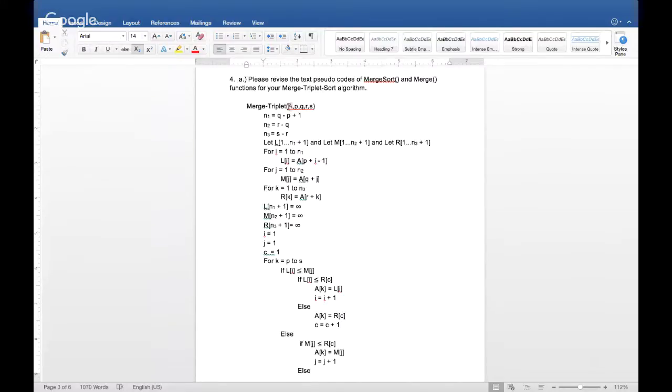A is just the array to be sorted. In the original merge you have P, Q, and R. P is the starting index. Q is calculated in the merge sort and passed into the merge function, but usually it divides the array in half, and I believe it rounds down.